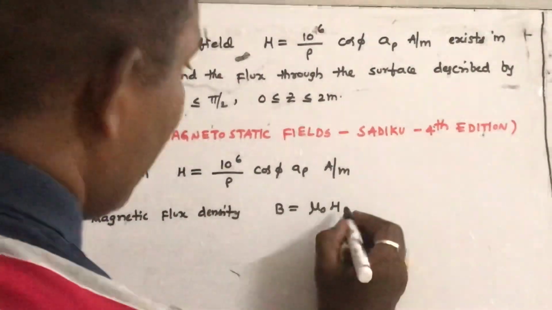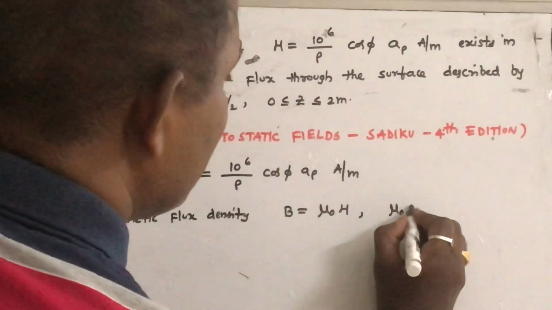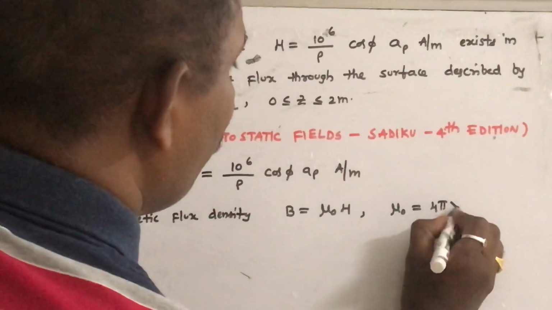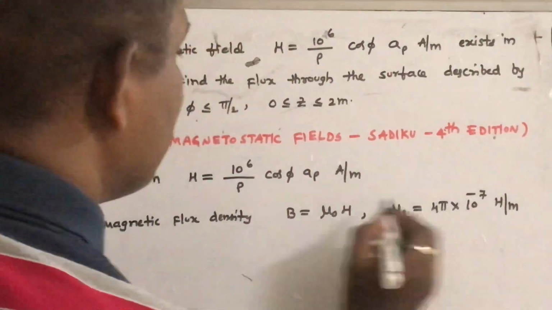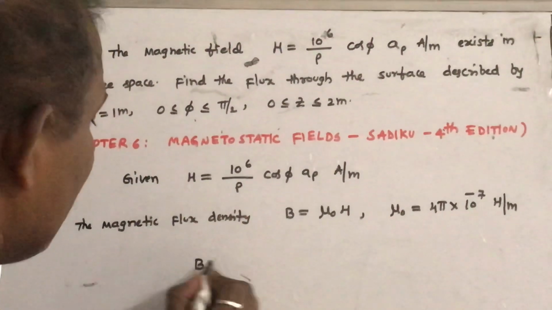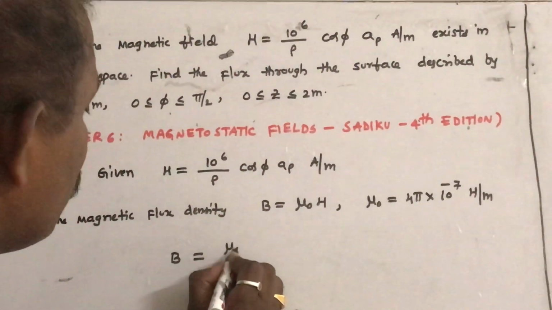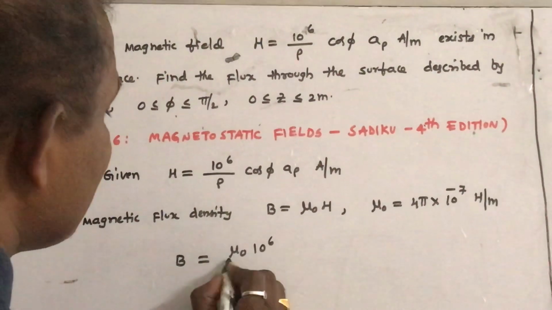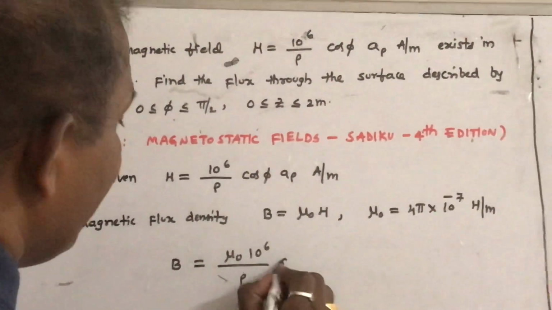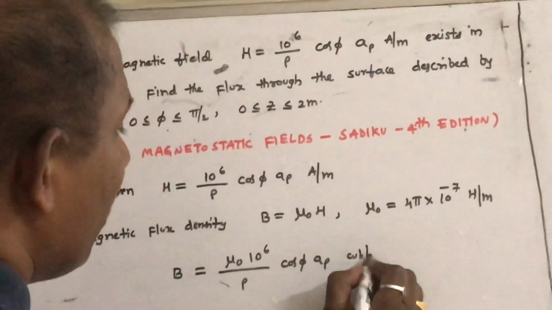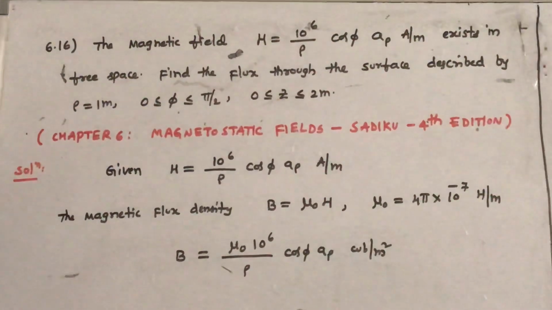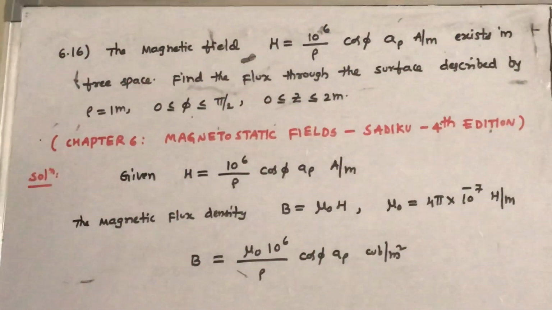As you know, mu naught is 4 pi into 10 to the power minus 7 Henry per meter. Substituting H, B becomes mu 0 into 10 to the power 6 by rho into cos phi a rho Weber per meter square. The flux density unit is Weber per meter square.